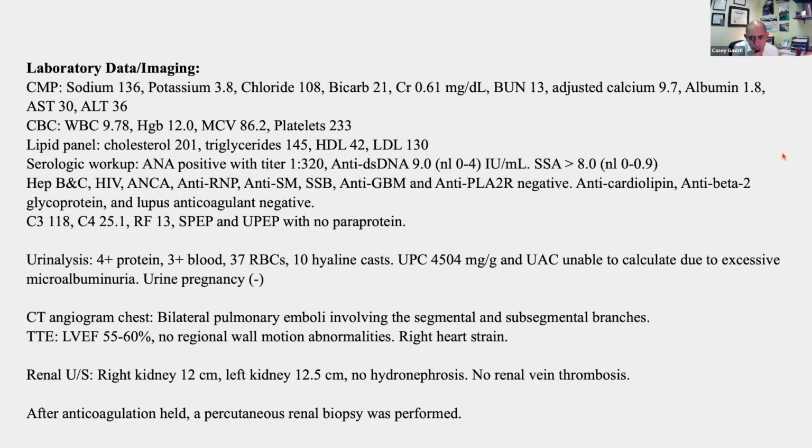So I would probably put that a little bit lower on my differential. So I'm going to say this patient has systemic lupus with a membranous lesion that's leading to a hypercoagulable state. I don't see any medications like a birth control pill to blame the PE on. So I would think this is part of her lupus spectrum and the nephrotic syndrome spectrum disease.